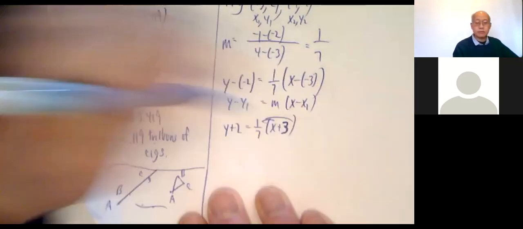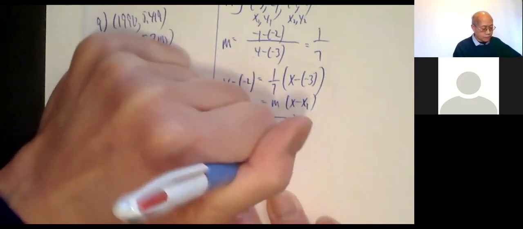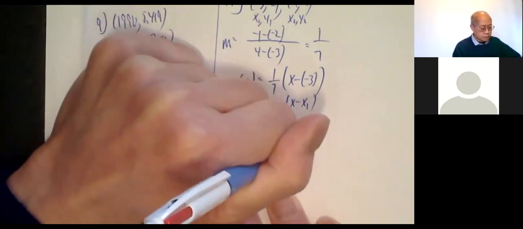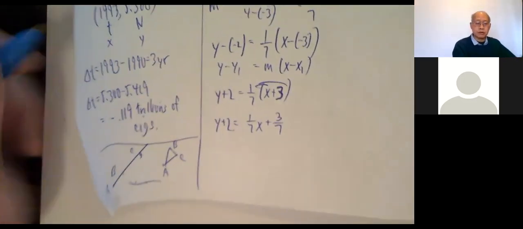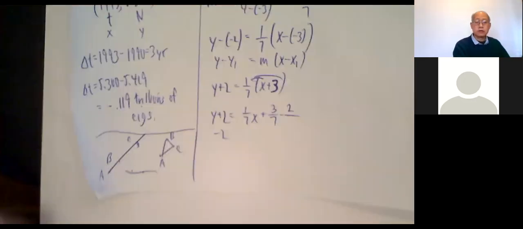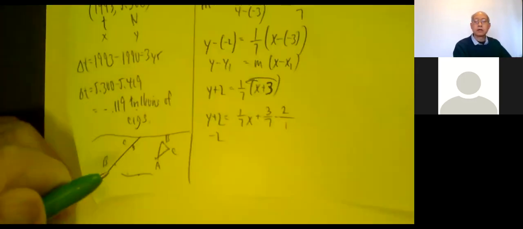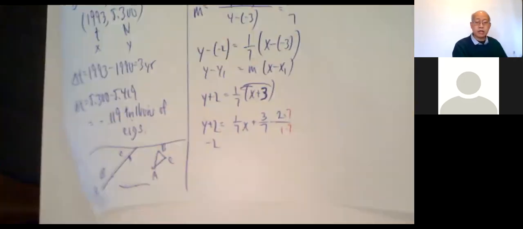Okay, distribute. Y plus 2 equals 1/7 x plus 3/7. Very awkward numbers. Subtract 2. 2 is like 2/1. Common denominator 7. So multiply this by 7, multiply this by 7.